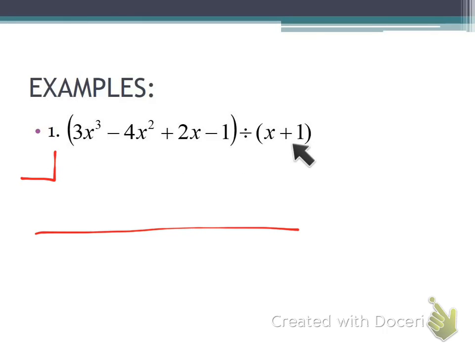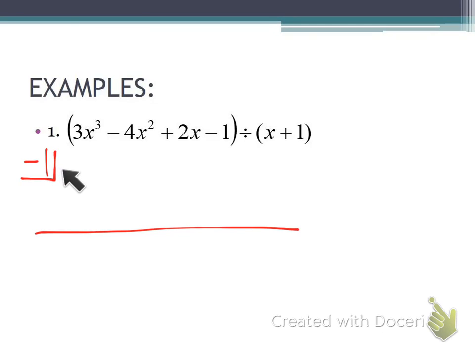So what we're going to be dividing by is, instead of a positive 1, we put a negative 1 up there. Remember how when we were to solve that for x, we'd set it equal to 0, and we would end up getting x equals negative 1? That's kind of why we use the opposite sign from what's written. Okay, so a negative 1 here.